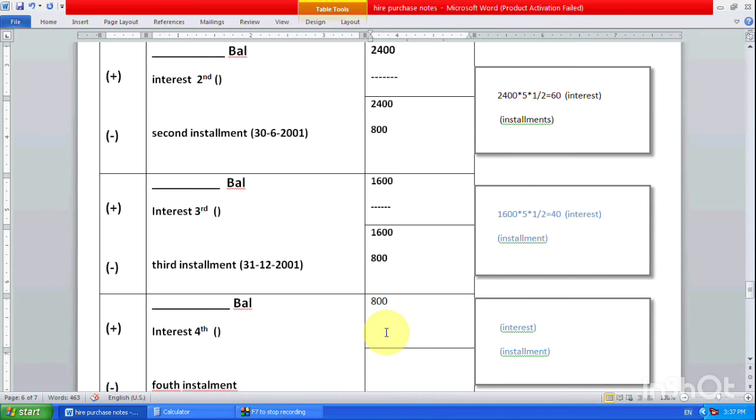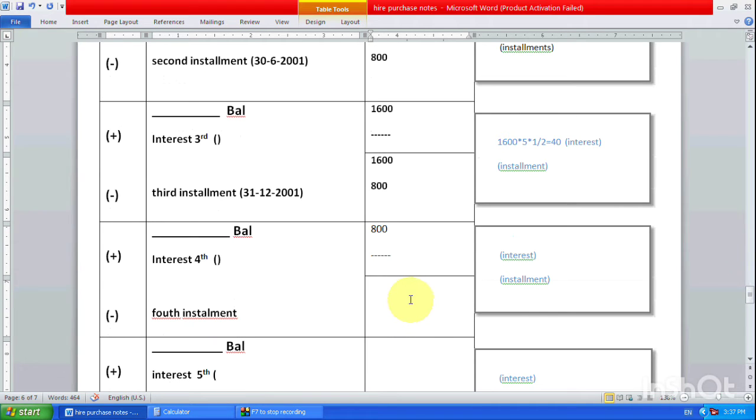So 40 rupees is interest, and the remaining 760 is installment. The balance is now 800. Deduct the fourth and last installment of 800, and that is 30 June 2002.